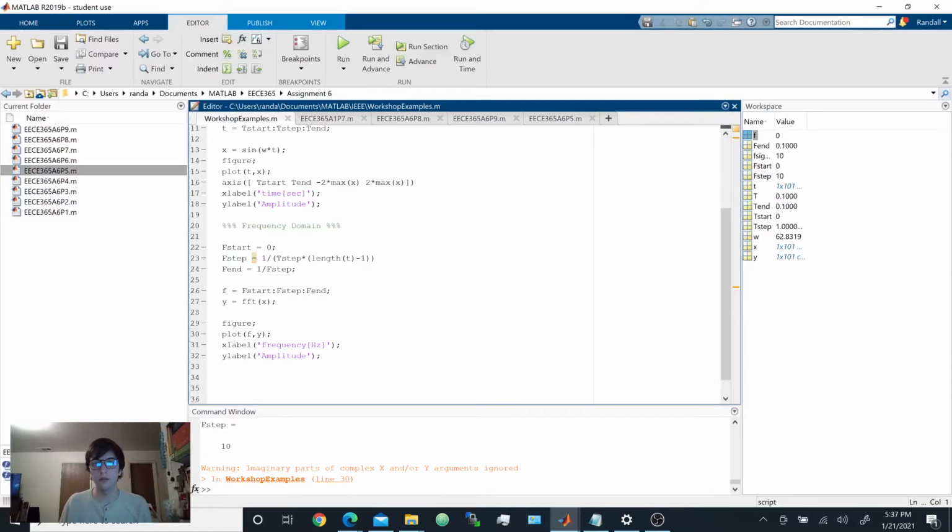F start is 0. F step is t step, length of t minus 1. That should be fine. Semicolons are an issue. Why is it 0? If I run it, it shouldn't make any difference. Oh, I don't know why I put that. Well, found the issue. Hope it is.